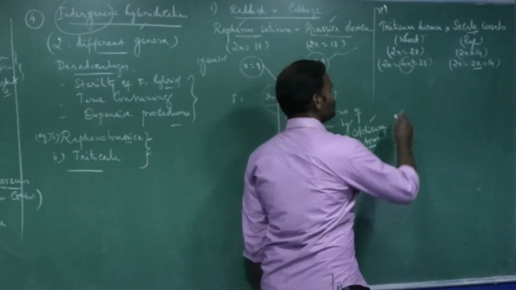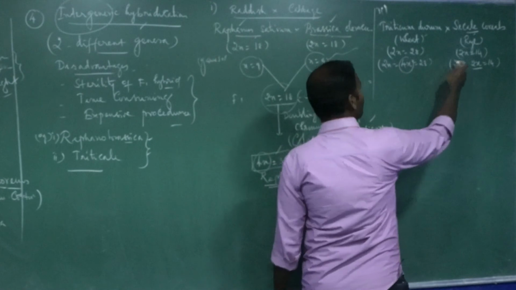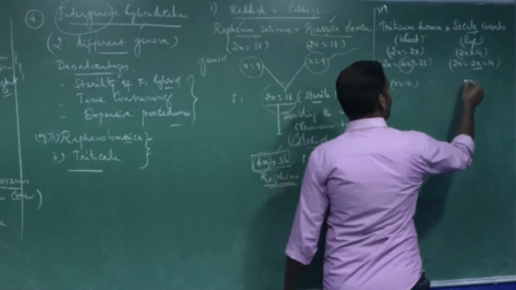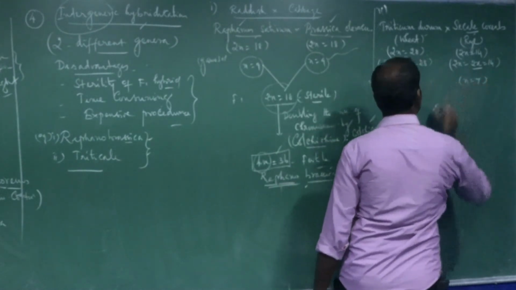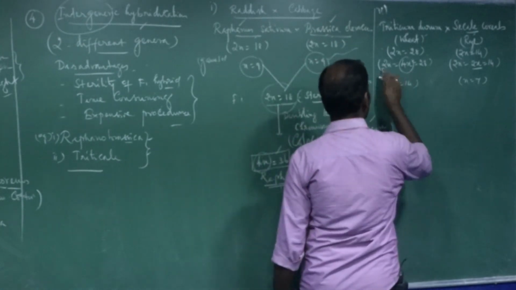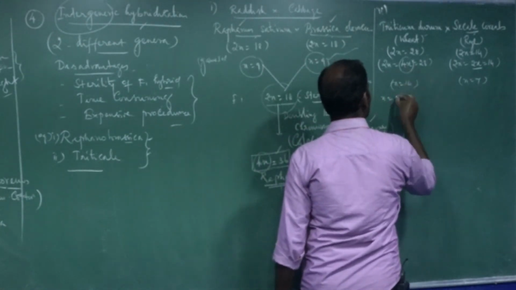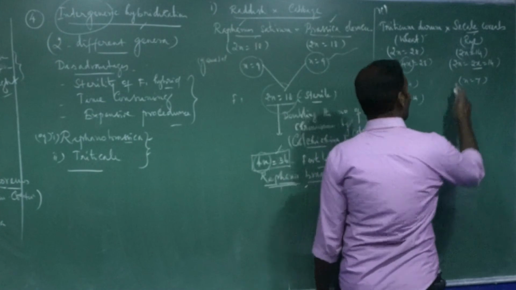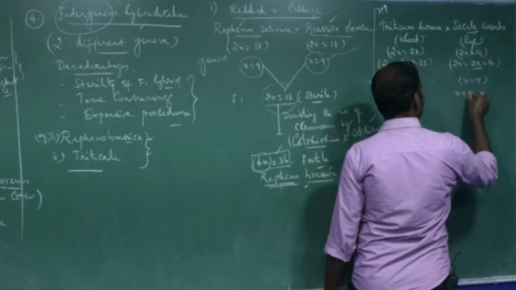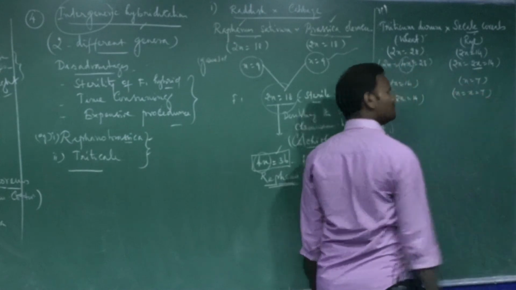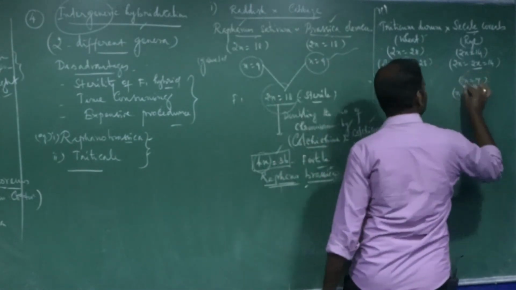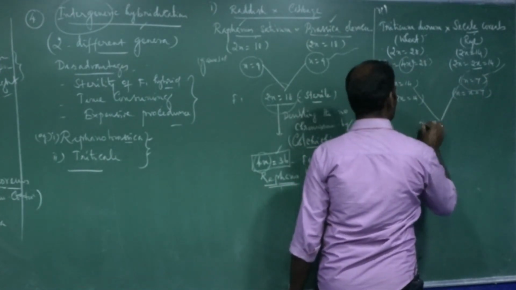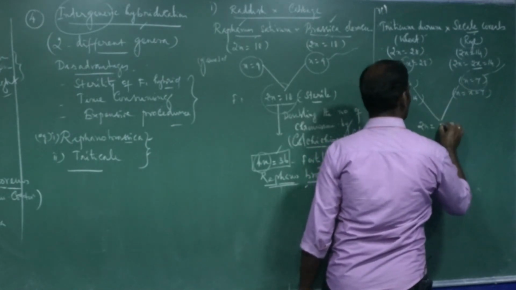Now, when these two plants are crossed, at the time of gamete formation the number of chromosomes is reduced by half. Here 2n equals 28, so n equals 14. Here n equals 7. The condition is also reduced: 2n equals 2x equals 14 becomes n equals x equals 7. Sperm and egg are gametes, and both fuse together to form the zygote. n plus n, 14 plus 7, gives 2n equal to 21.